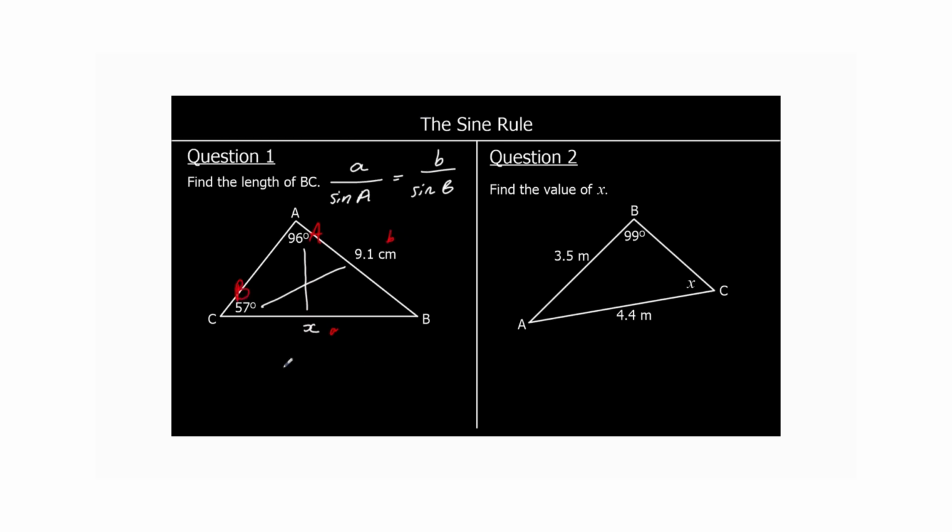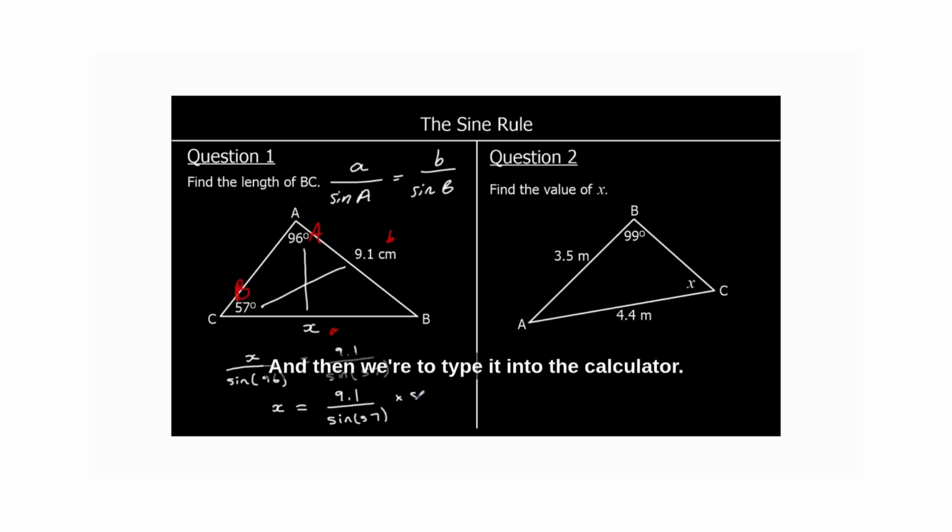So we've got x over sine 96 equals the other length, 9.1, over sine with its opposite, which is 57. And to get x by itself, we're going to multiply both sides by sine 96. And then we're going to type it into the calculator.